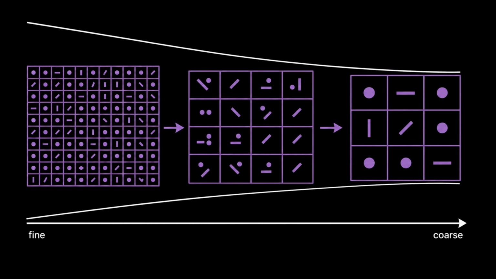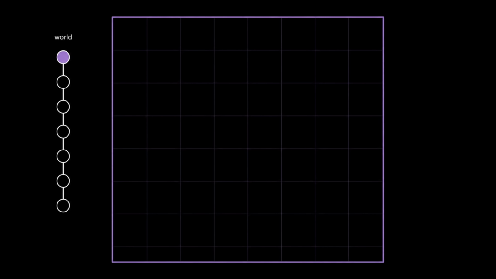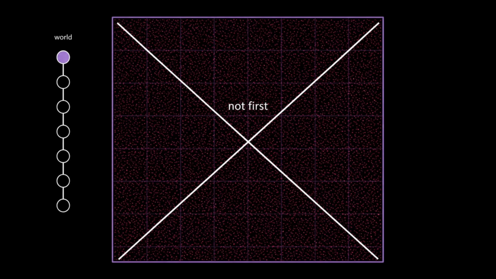In physics, these multiscale constructions often run from fine detail to coarse summary. They compress. But an AI generative model can run the same story in reverse. Start with a broad structure and progressively add detail. Think of building a video game world. You don't begin by placing individual blades of grass across the whole planet.